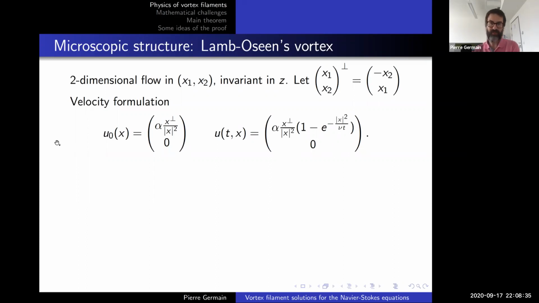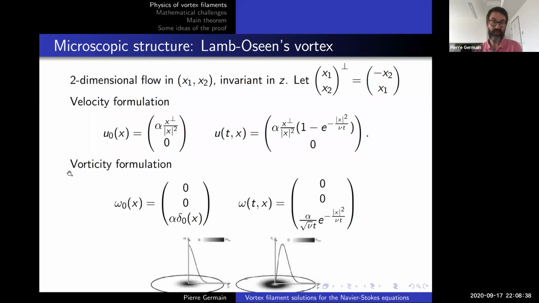It's more instructive to look at what happens in the vorticity formulation. On the vorticity formulation, what you initially have is that the vorticity is just a delta function along a vertical line.